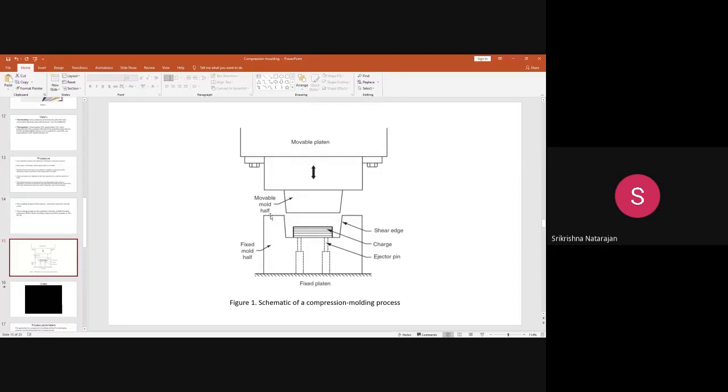It may go some distance, but you may need only this particular area. The excess you do not need, so you can just cut it out. These two sides are intentionally kept so that you get a particular shape of the composite.